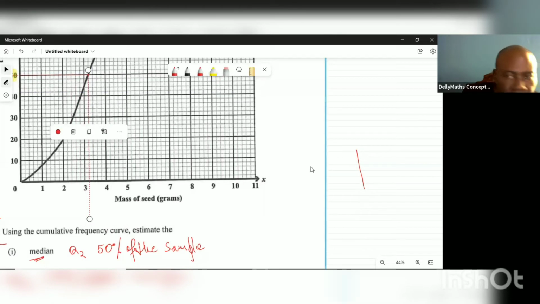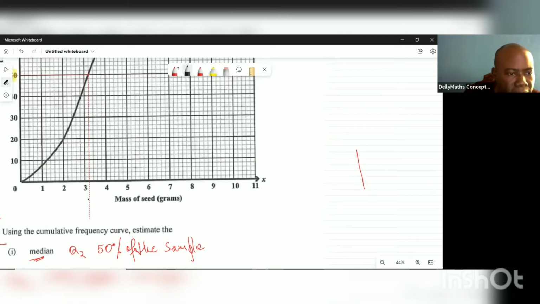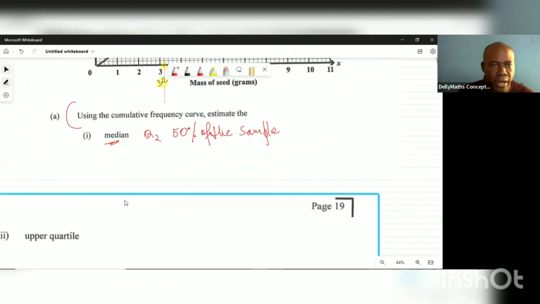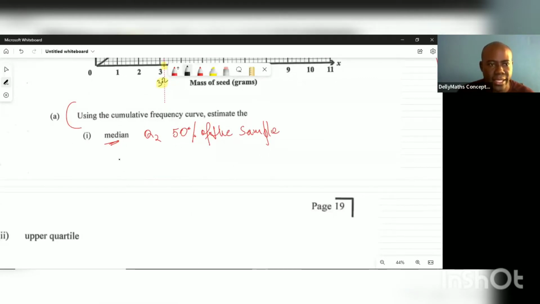In reading off, I'm seeing 3.2 here, because if you follow the scale, 3.2, 3.4, 3.6, 3.8, and then 4. So this value is actually 3.2. That is the median. So let us mark that off: our median mass is 3.2 grams.